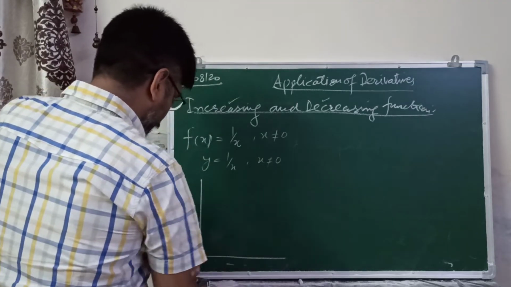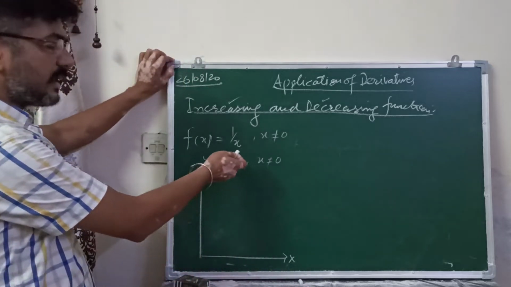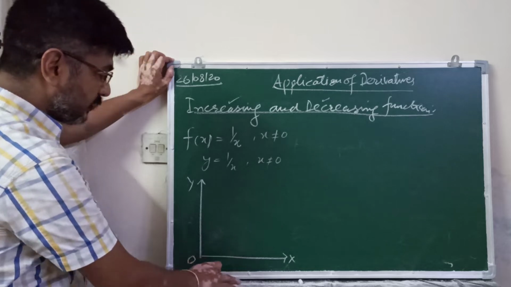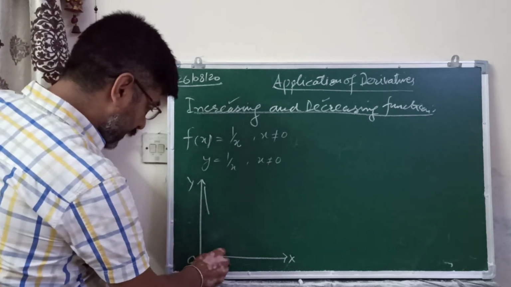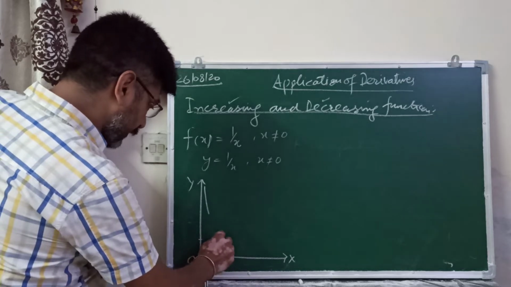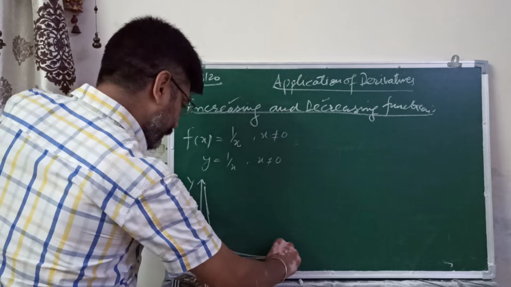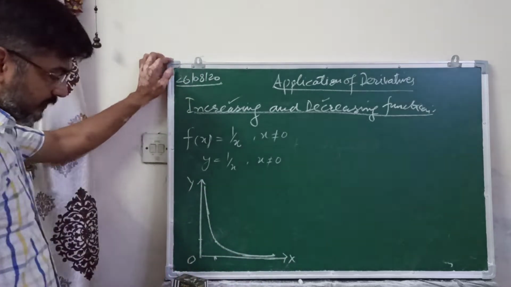If we draw the graph of this, you have drawn such type of graphs in class 11th also. So they are not so much difficult to draw. This will be the graph of 1 upon x.